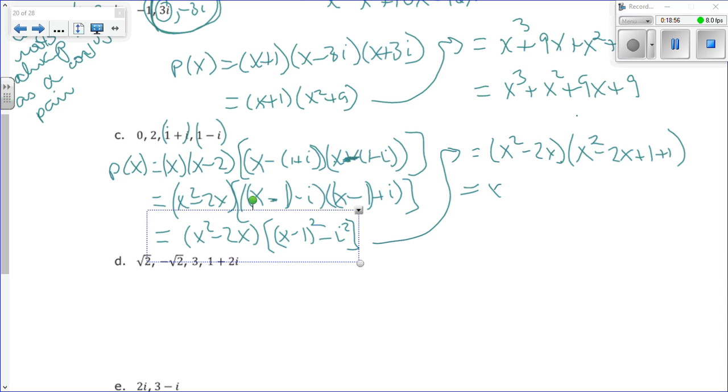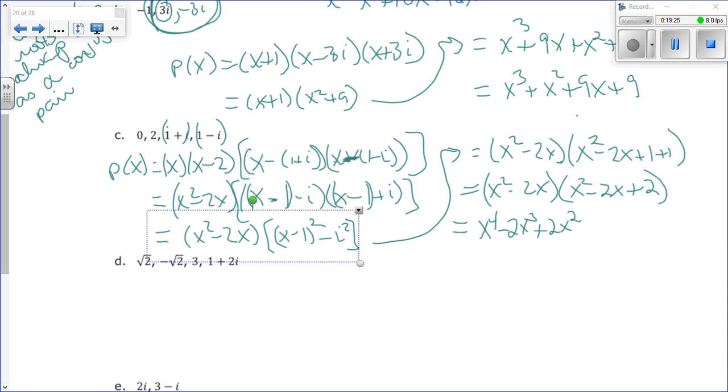So it's x squared minus 2x still, and x squared minus 2x plus 2. And now we get to multiply one more time. Lots of fun. X to the 4th minus 2x to the 3rd plus 2x squared.